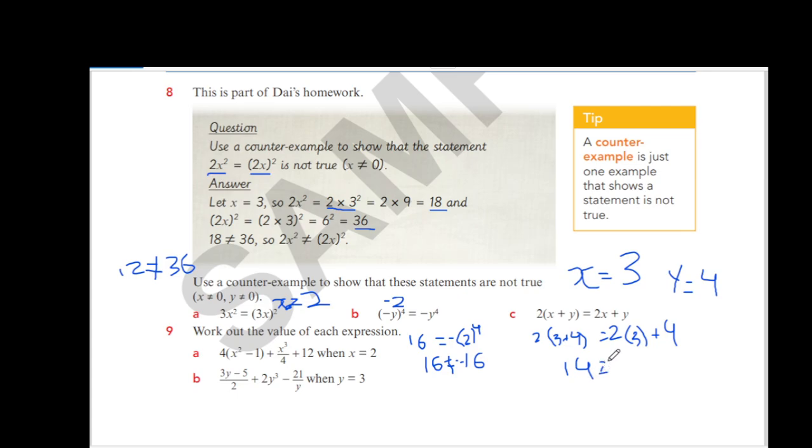This is equal to 2 into 3 is 6, 6 plus 4 is 10. So 14 is not equal to 10. By using Dia's method, which is the counter example, it is clear that these expressions are not equal to each other.